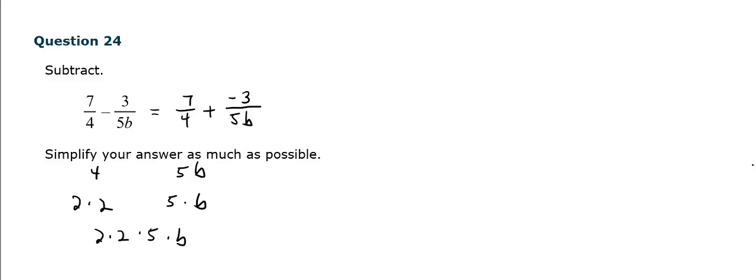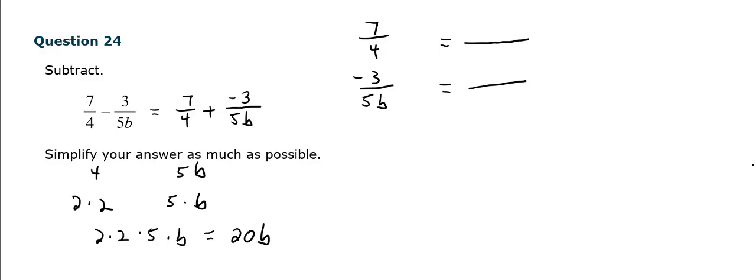So when we multiply that together, 2 times 2 times 5 times b, that gives us 20b. So that's our common denominator. So I set up the problem vertically. So I have 7 over 4, and I'm adding to it negative 3 over 5b. Now before I can do that, I need to establish my common denominator, which we said is 20b.